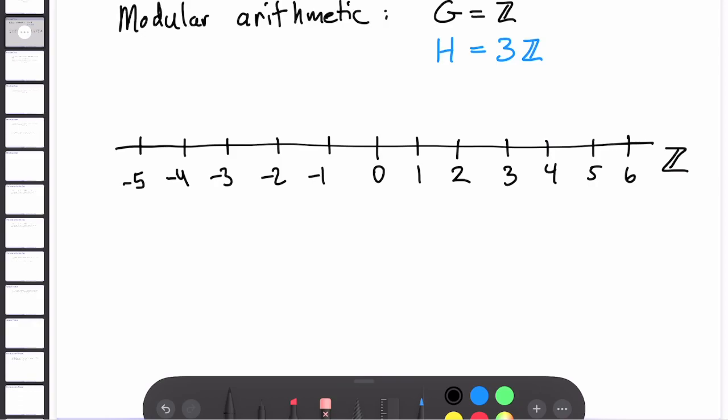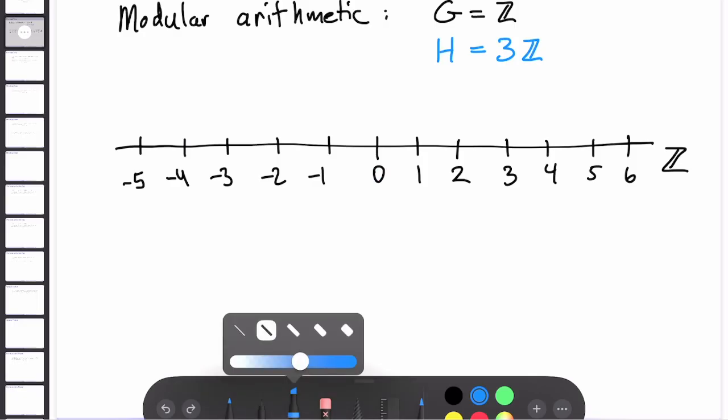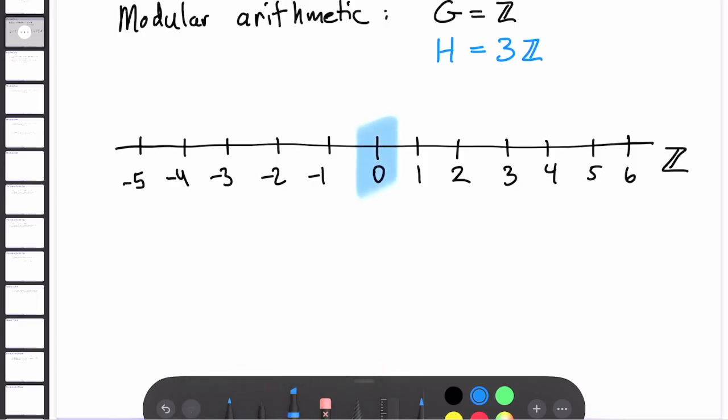And we're going to highlight the group here. Let's make that thicker. Can we get away with something that thick? Maybe. We'll see. Okay, so we'll put the group in blue.